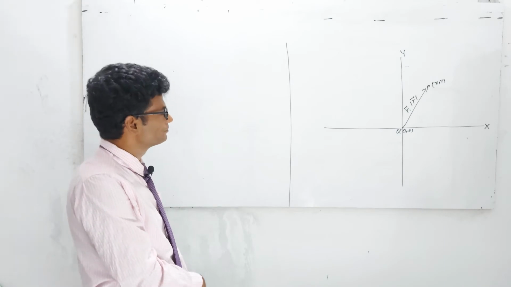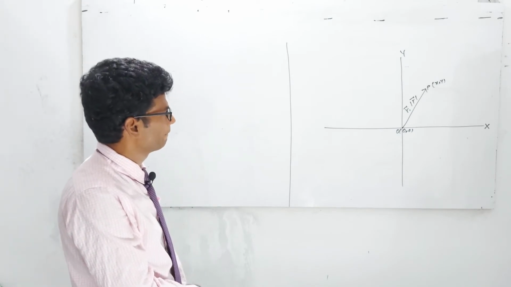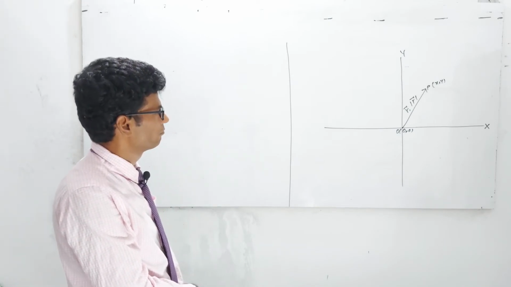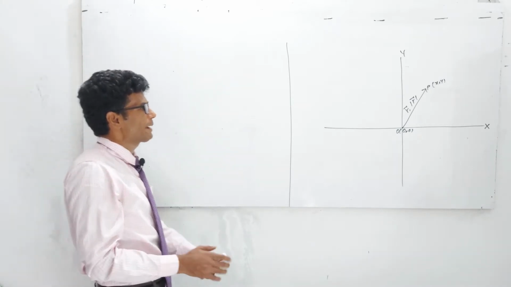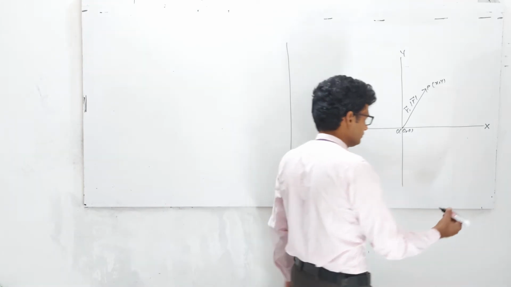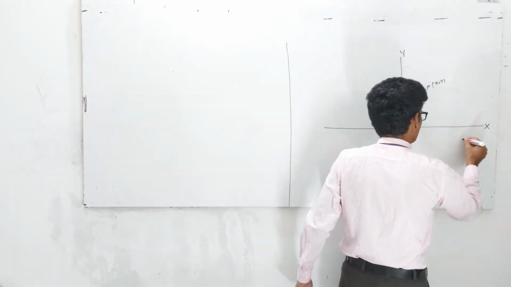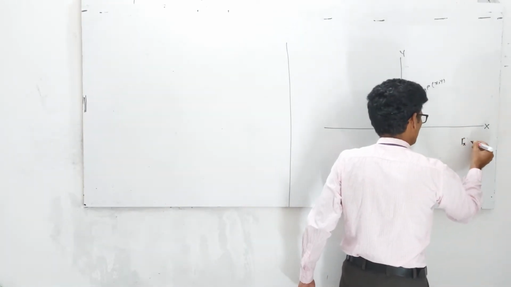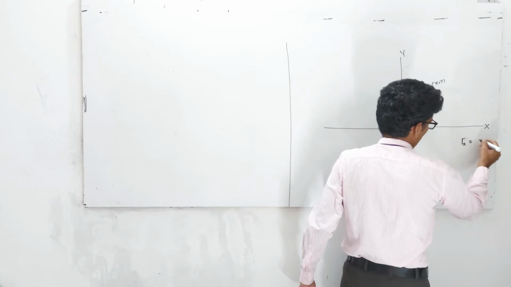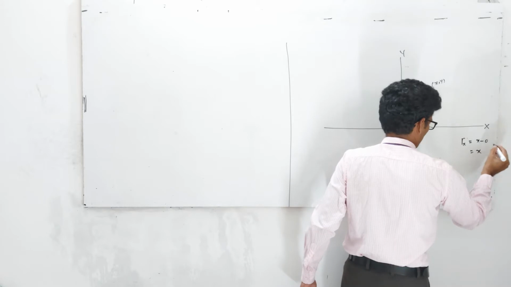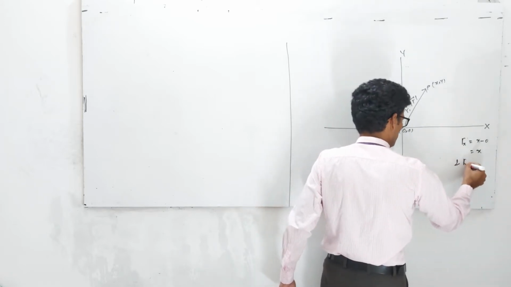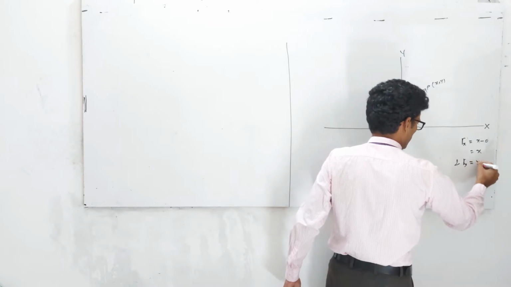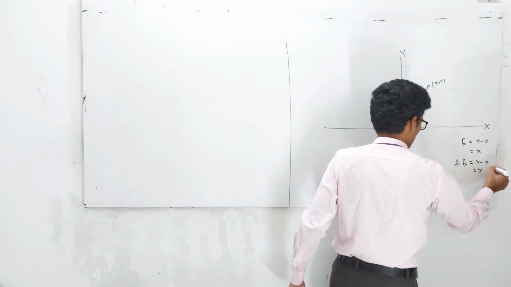Now, we have to take here the x component of this radius vector Rx as x minus 0. So this is x, and the y component y minus 0 as y.